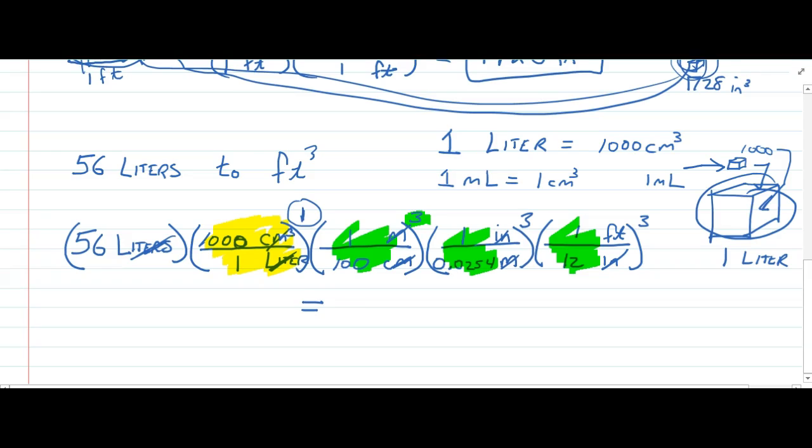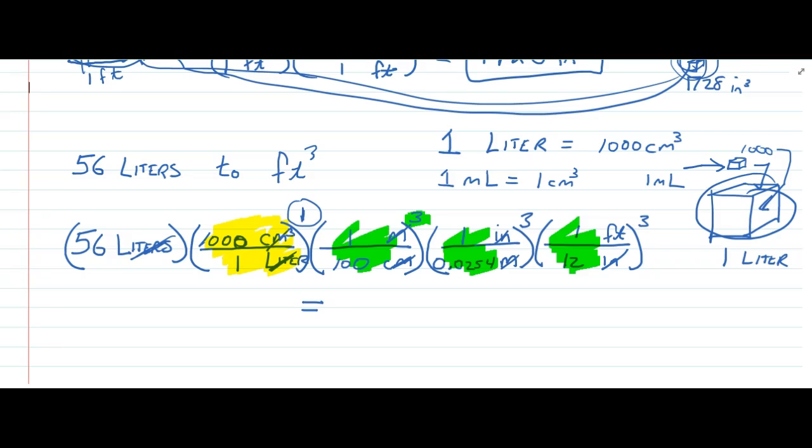56 times 1,000 divided by 100. Now I put this in parentheses, 100 to the 3rd power. And then I close the parentheses. And then I need to divide again by 0.0254 cubed. So parentheses, 0.0254 raised to the 3rd power, close parentheses, divided by 12 cubed.